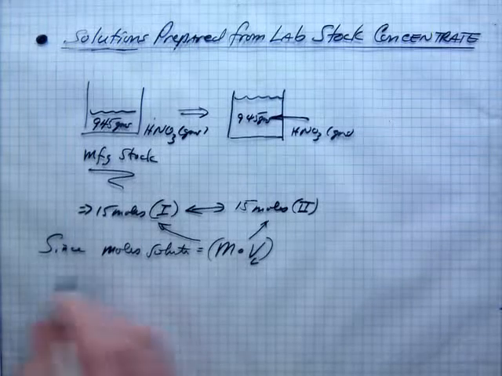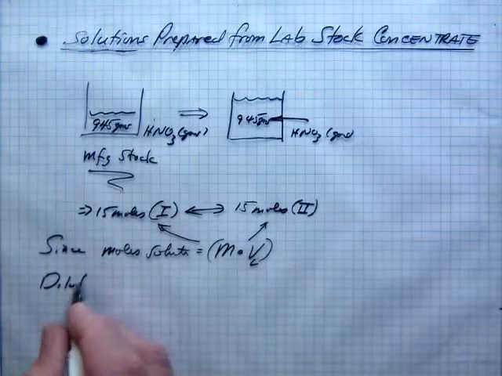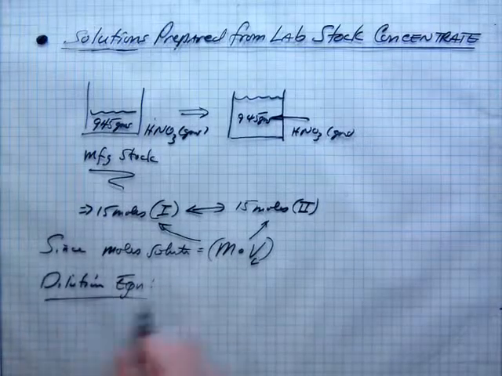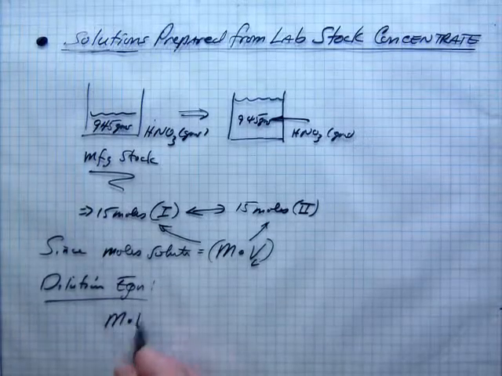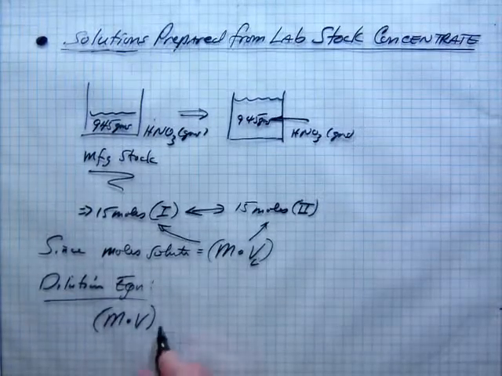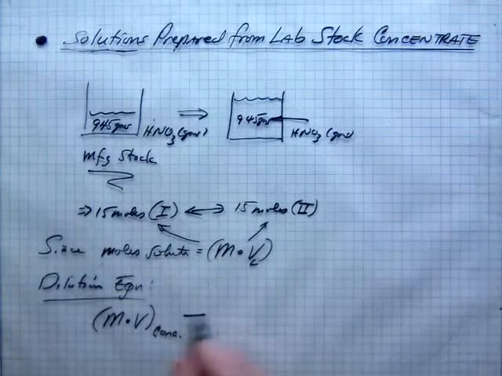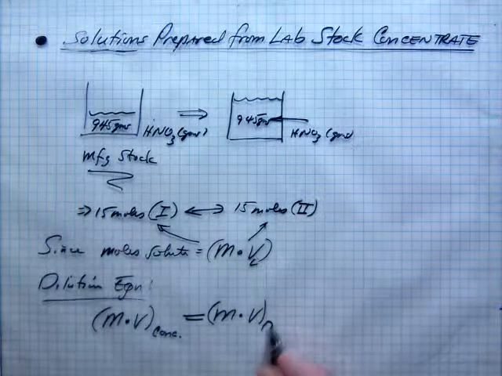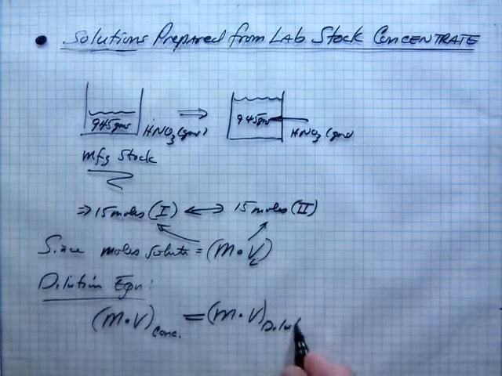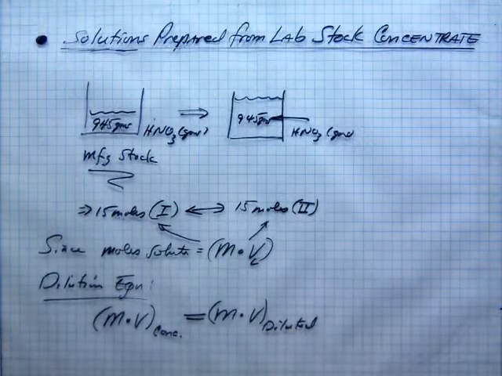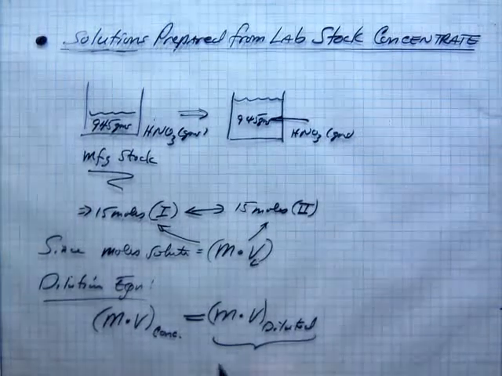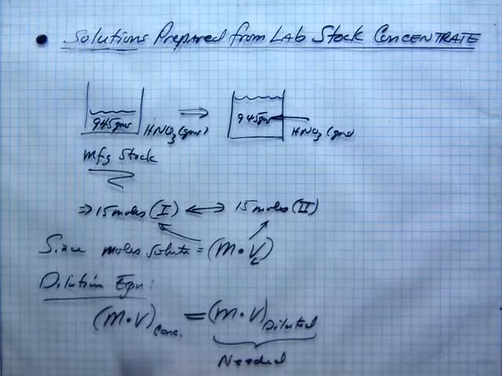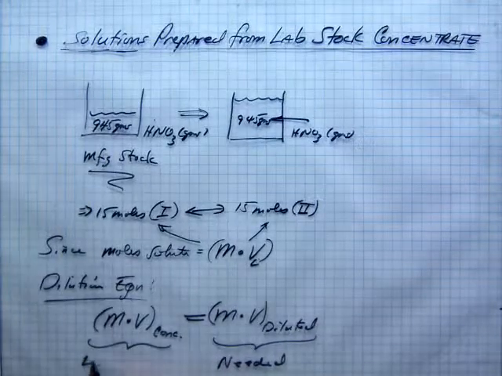And we'll have what we call the dilution equation. That is, molarity times volume of the concentrate equals molarity times volume of the diluted solution. This is what you wish to make, and this is your lab stock concentrate.